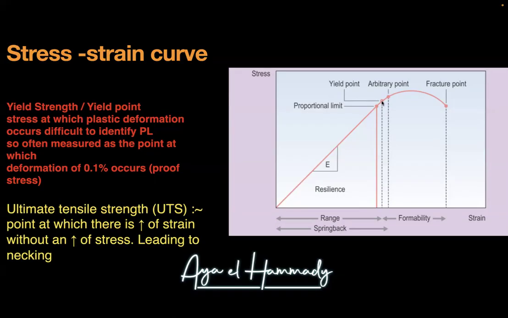It means that I have applied an amount of stress that is beyond the elastic limit. Here the body starts to bend or deform or take another form. Is it clear?